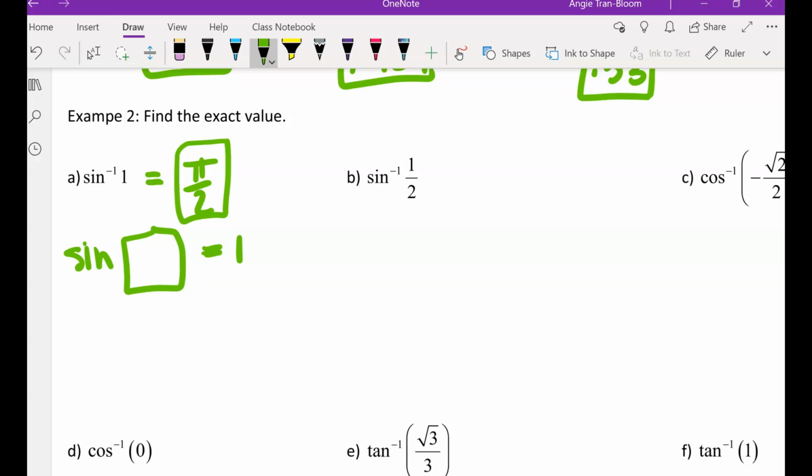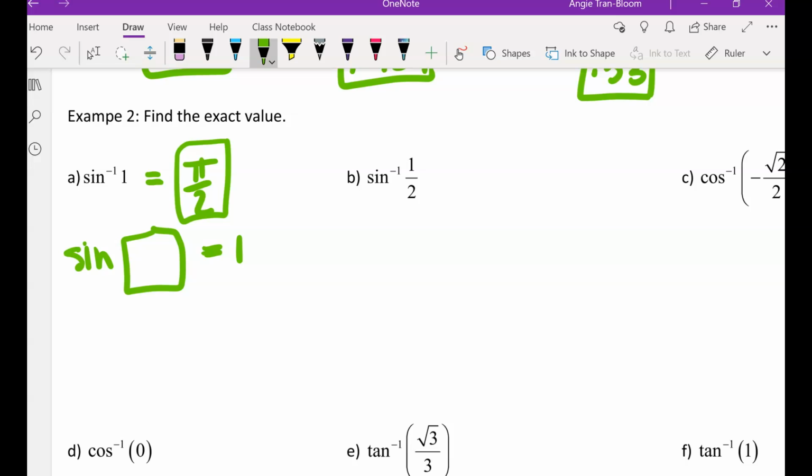2b. Sine inverse of a half is what? Pi over 6. Something like that. Sine inverse of 1/2. So now we're going to ask ourselves, sine of what is 1 over 2? That's why you have to know the unit circle really, really well. You got to be able to spit it out just like that at this level.